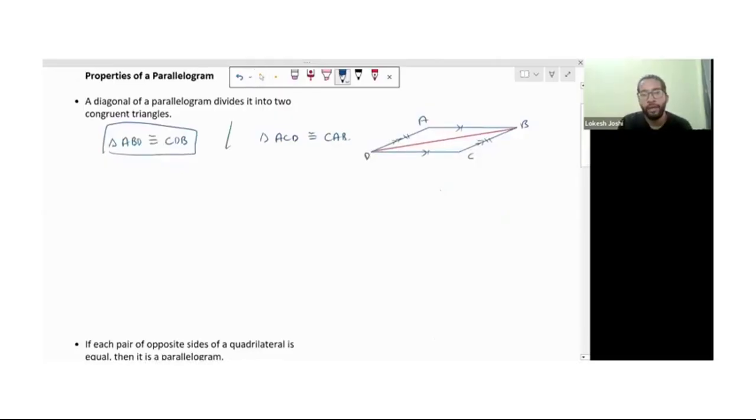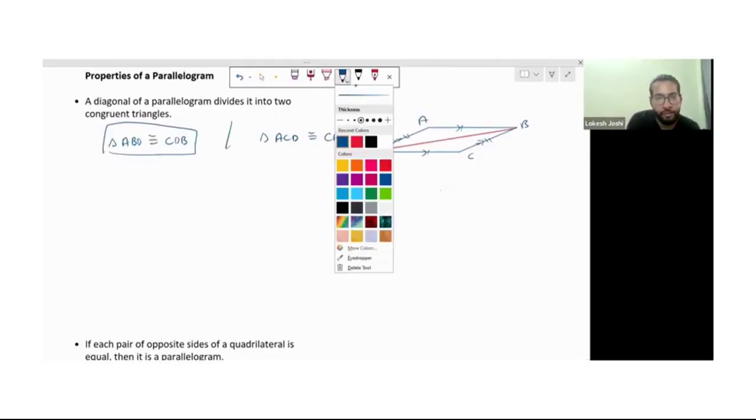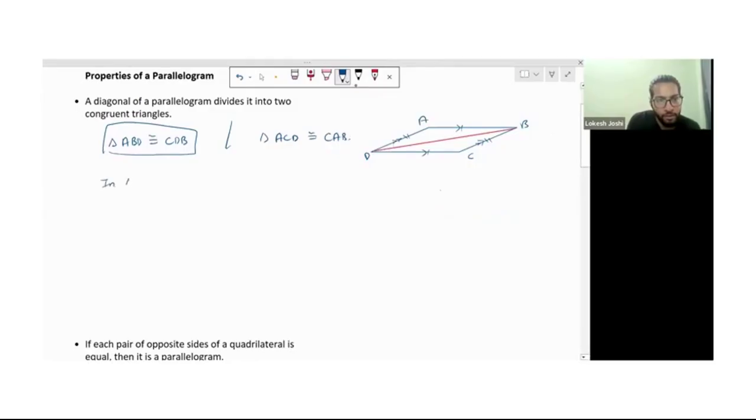Now look into triangle ADB and triangle CBD.